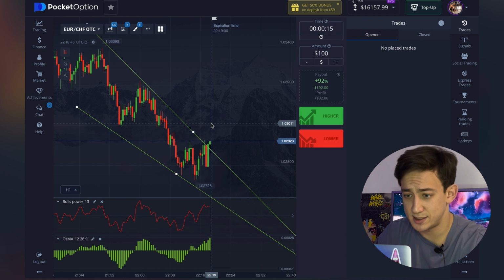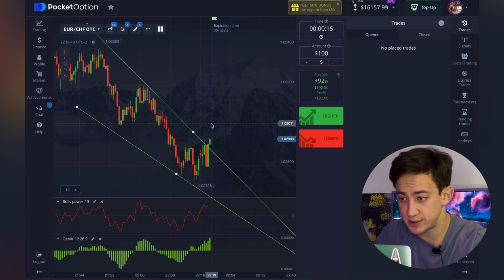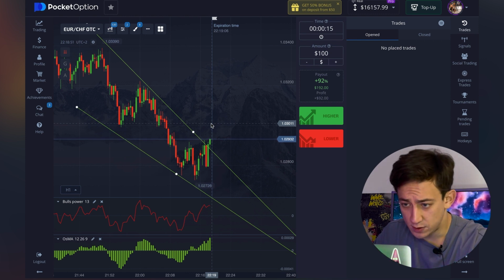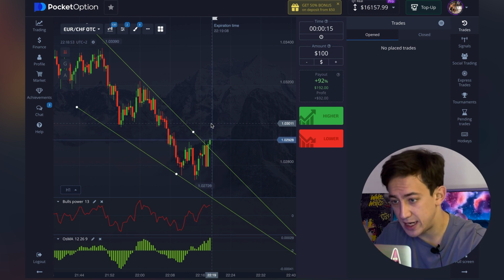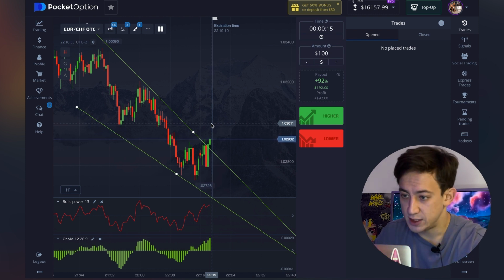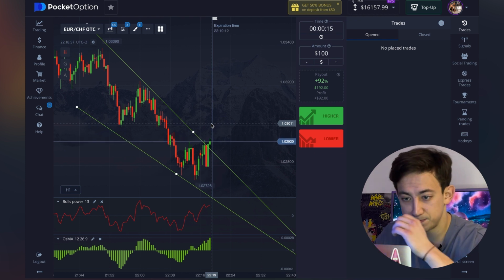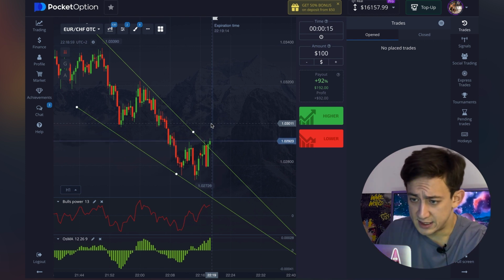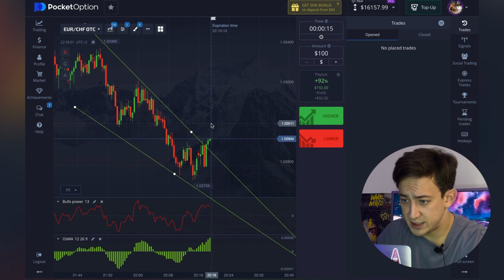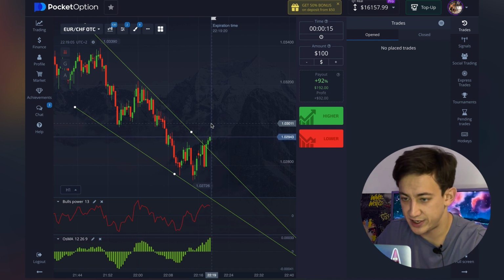OSMA is a technical indicator that is a smooth version of the well-known OSMA accelerator. It was developed based on the work of Bill Williams. The main purpose of OSMA is to assess market momentum. The OSMA indicator calculates the difference between the fast and slow moving average of the OSMA accelerator.